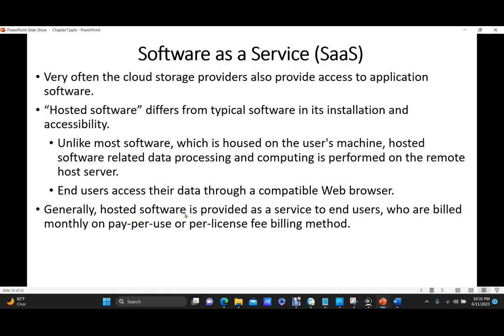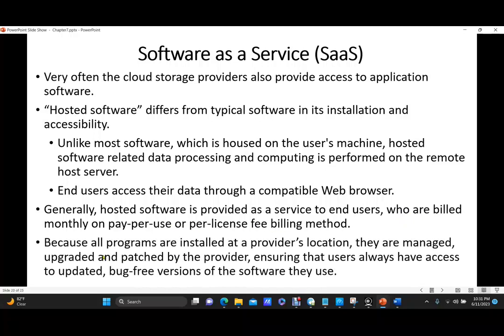Generally, hosted software is provided as a service to end users. The users are billed monthly on a pay-per-use or per-license fee billing method. Because all the programs are installed at the provider's location, they're managed, upgraded, and patched by the provider, ensuring then that the users always have access to updated, bug-free versions of the software they use, since it is installed and maintained by professionals.